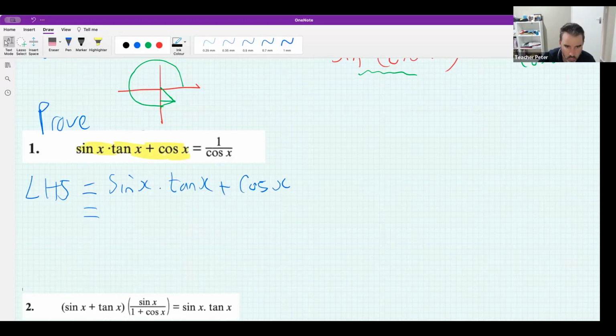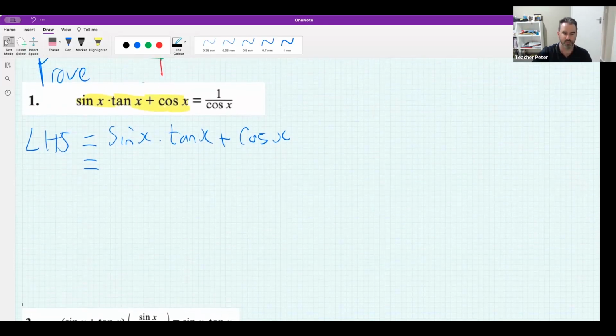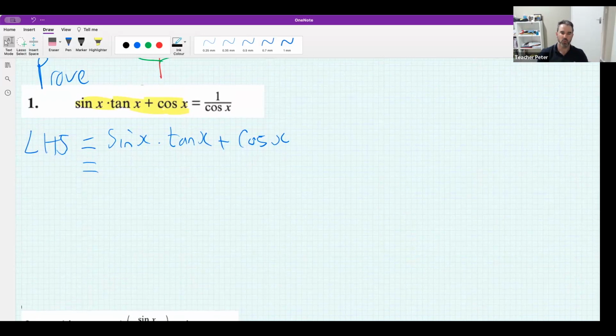So where should I start with my steps for this one? Using the identities that you know about and bearing in mind the promised land is 1 over cos x, where should I start? I want to get to 1 over cos x.